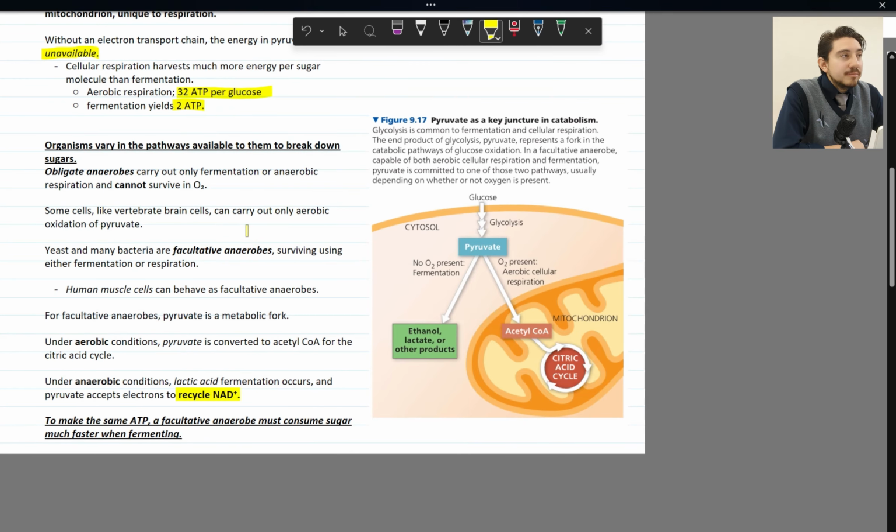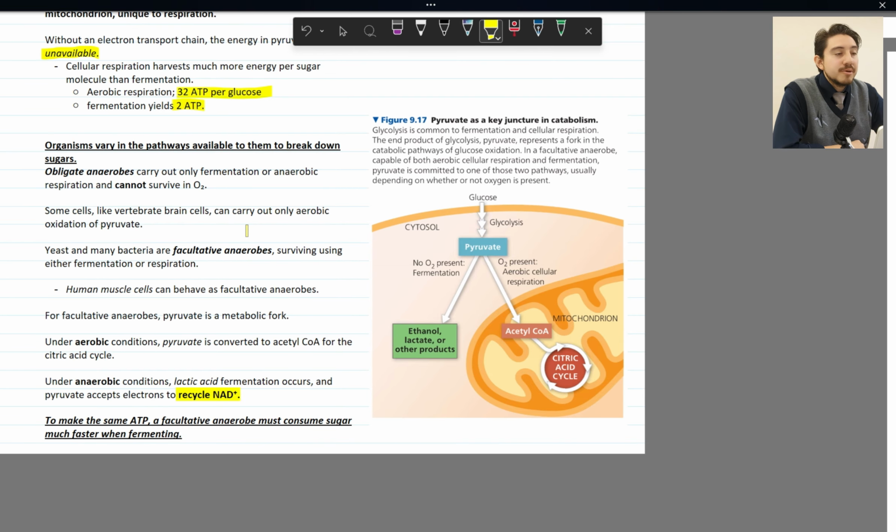So by the nature of these different processes, anaerobic respiration, fermentation, aerobic respiration, different organisms vary in the pathways that they use to break down sugars, and they have different terminology depending on what pathway they use. Ultimately, it depends on whether they use oxygen or not.